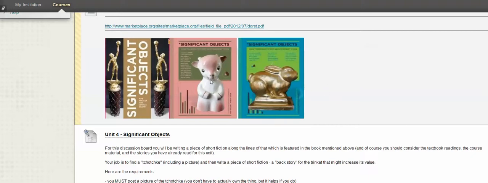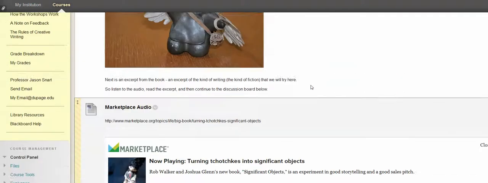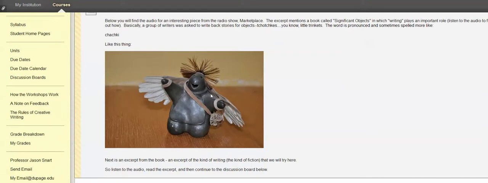So obviously something like this little, I don't know, what is that, a goat, pig, bunny, this little object here, it may have personal meaning to somebody, but you wouldn't be able to sell that, because your personal meaning is important to you, but I'm not going to pay for something just because it's important to you.